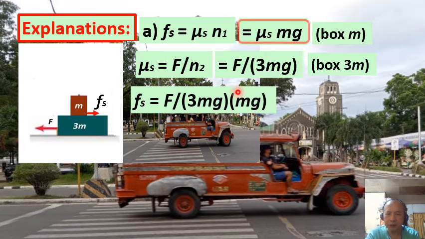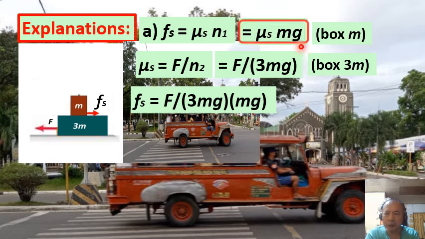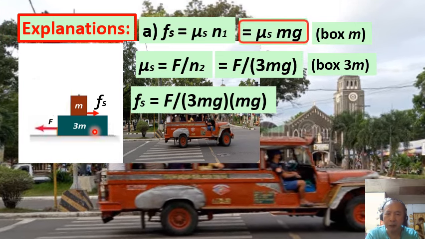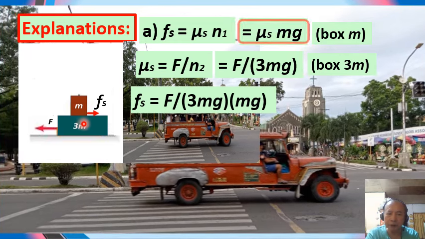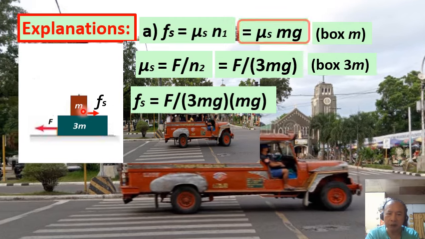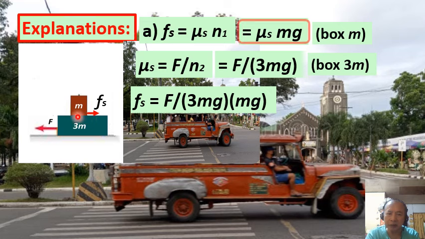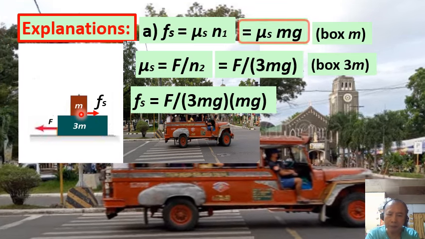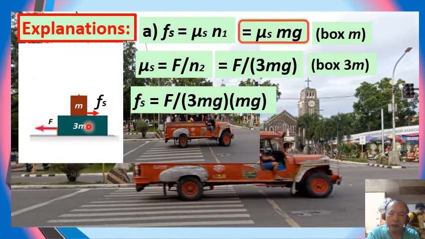In short, this static friction experienced by the smaller box is due to the upward reaction force of the larger mass as a result of the weight of box M on the larger mass.